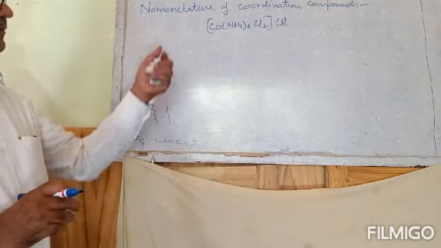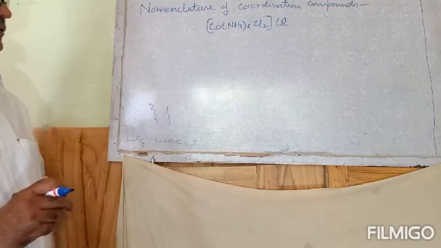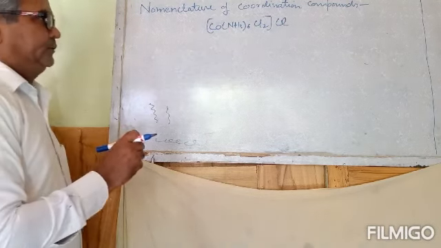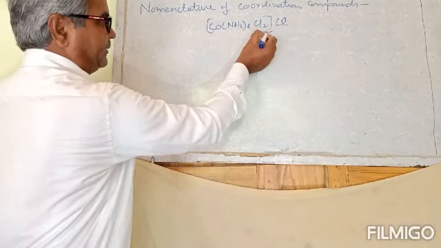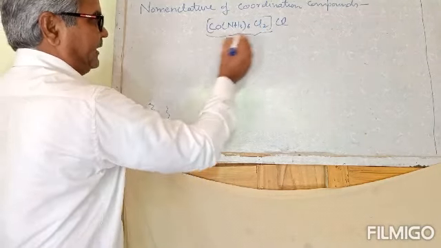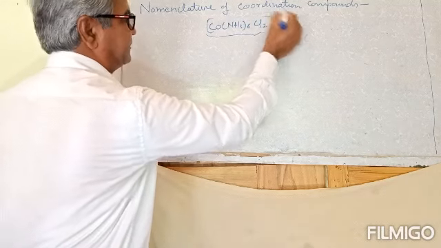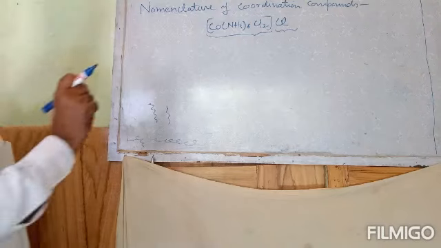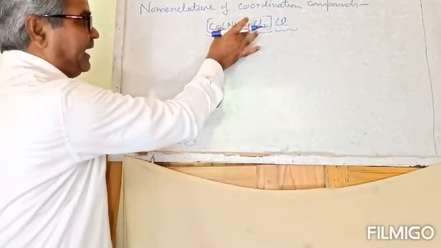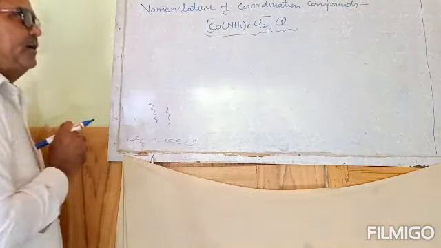Let us explain the name of this compound. This compound has two parts. This is the cationic part and this is the anionic part. The cationic part is named first. Therefore, the complex ion will be named first.